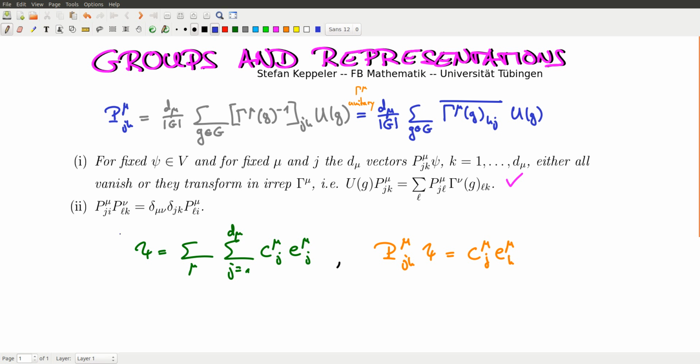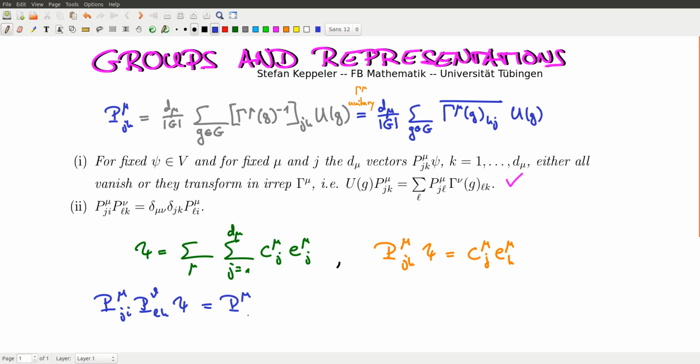Now the second thing here, this one, we can just calculate. So let's take p mu ji, p nu lk, and apply to some function psi as written above.